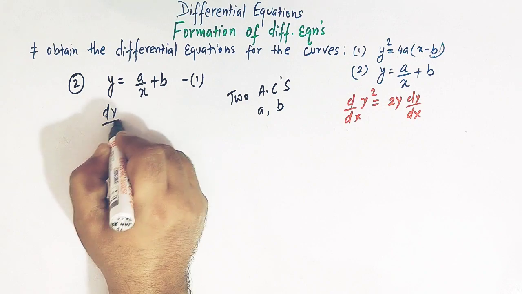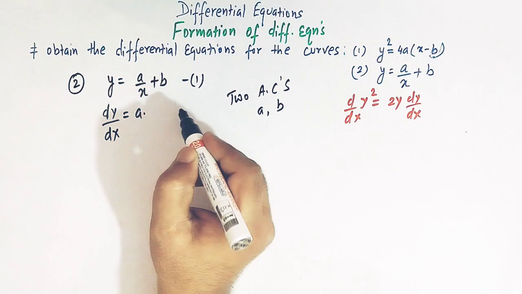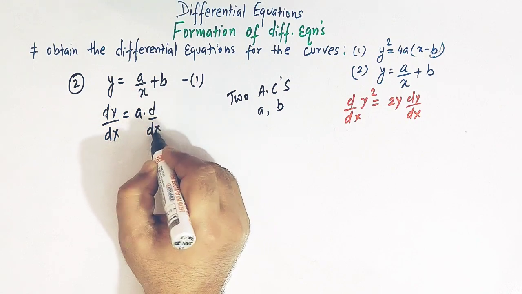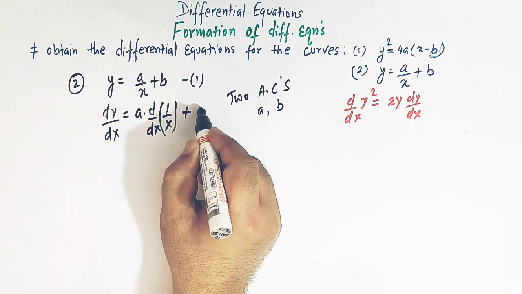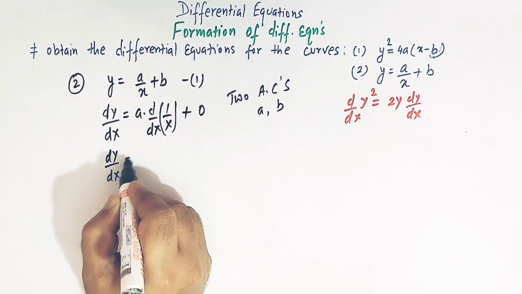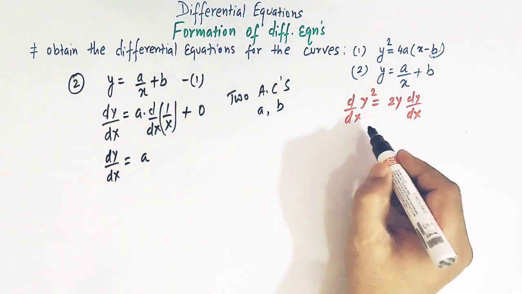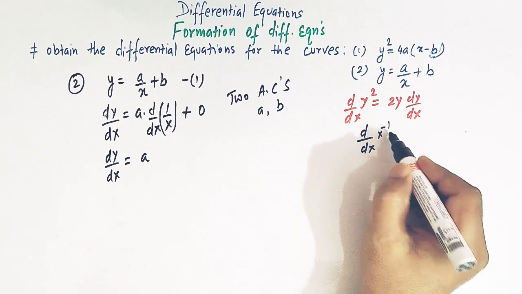So here we have dy over dx. a is constant, so we have the derivative of 1 over x, and the derivative of b is 0, right? So now we have dy over dx, and the derivative of 1 over x can be written as x raised to minus 1.